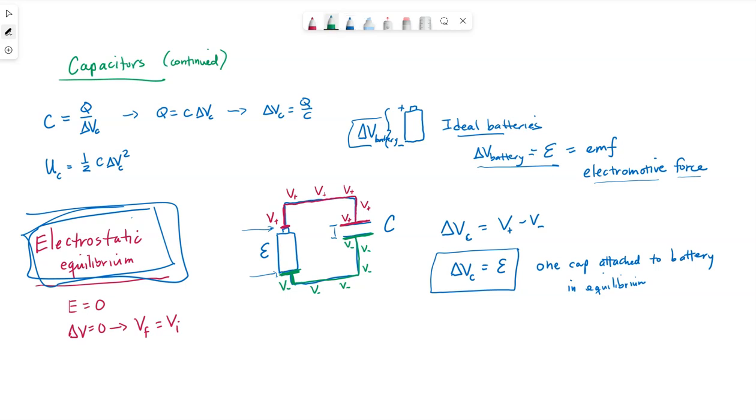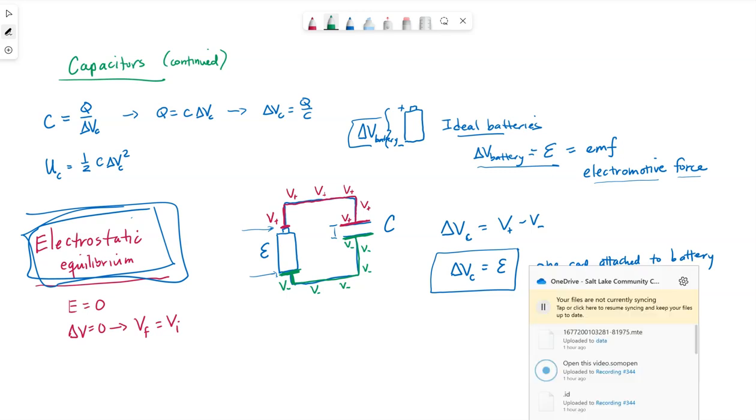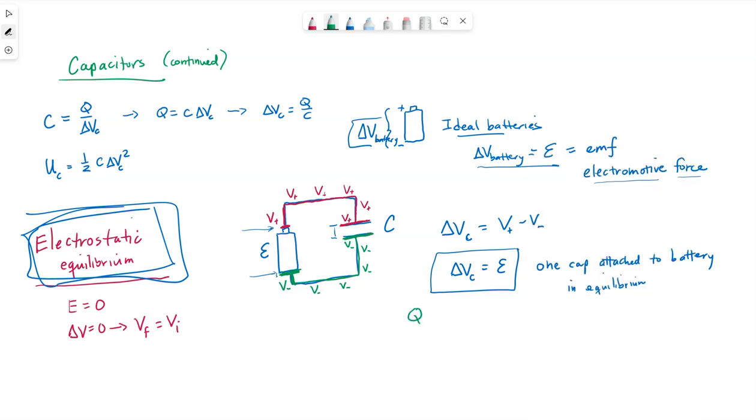If I come back to my equations, for this single capacitor we could easily solve for the charge that accumulates on either plate. The higher potential plate ends up with a positive net charge. The bottom, lower potential plate ends up with a negative net charge.